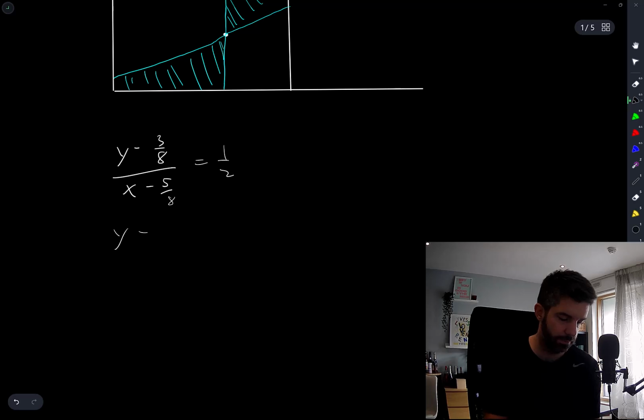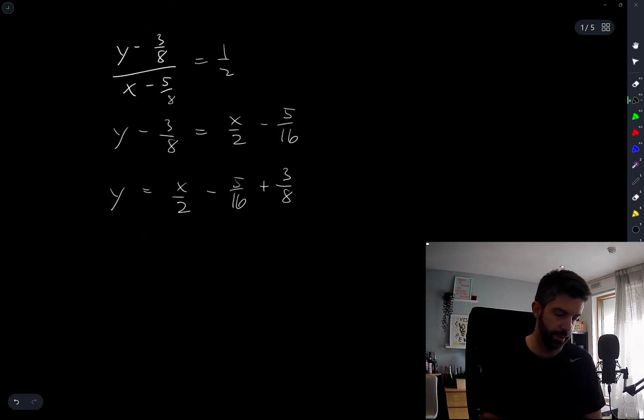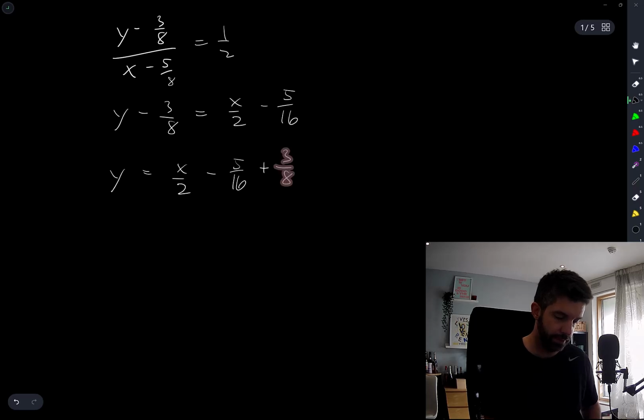So y minus 3/8 is equal to x over 2 minus 5/16. y is equal to x over 2 minus 5/16 plus 3/8. 3/8 is 6/16. So y is equal to x over 2 plus 1 over 16.